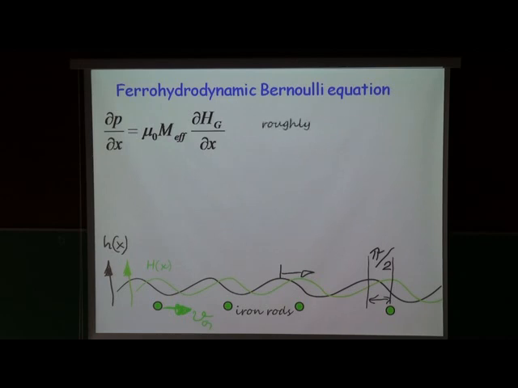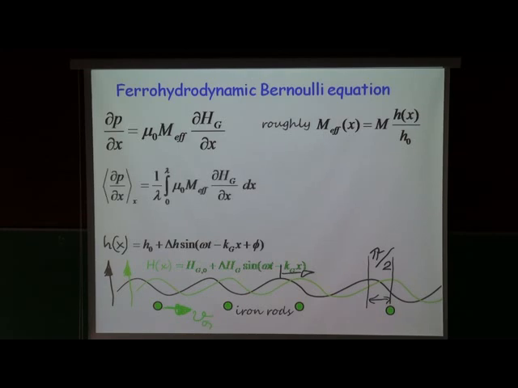So, put in this assumption, and then we further assume that the magnetic induction is proportional to the height of the liquid. That is, if the liquid is higher, there should be a slightly higher induction. Taking into account all this, you can integrate the pressure drop over one period or one wavelength.